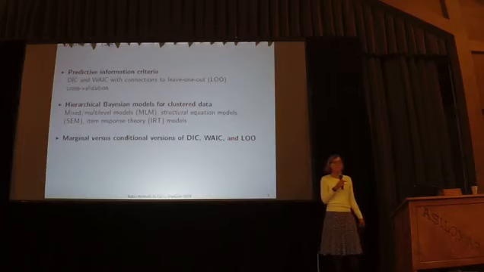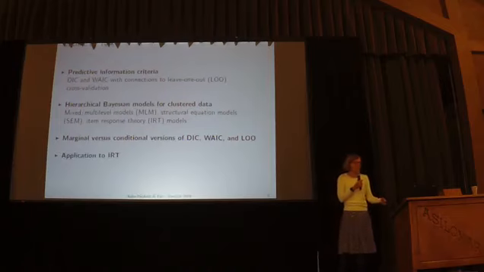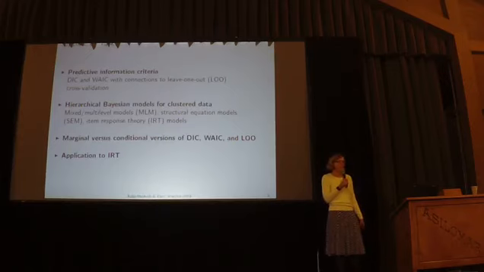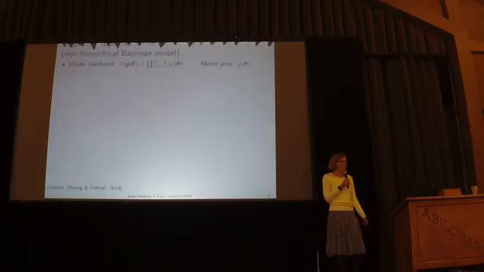For these models, there's an important distinction between marginal and conditional versions of the information criteria. So I'll describe those, and then Dan will illustrate the importance of making those distinctions through an example to item response theory, or IRT.